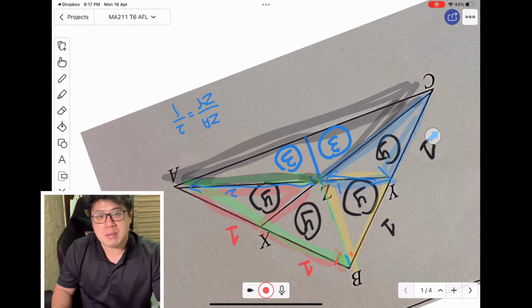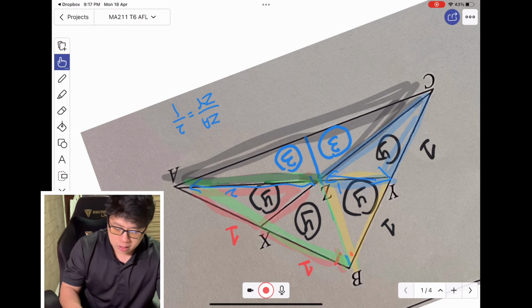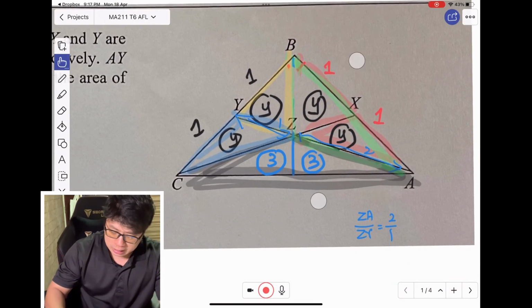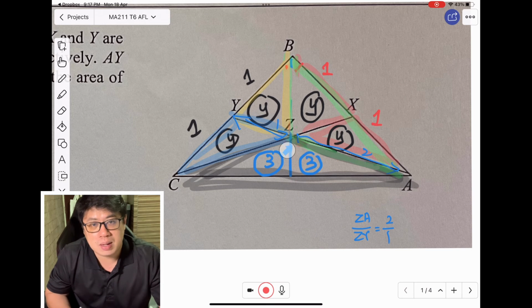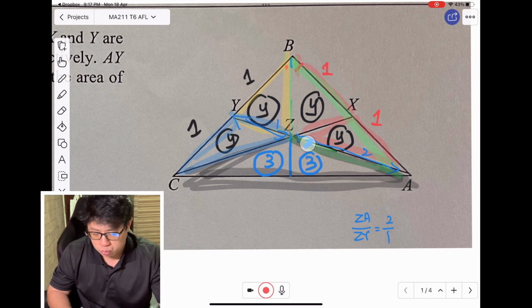They also have the same height. So this is 2 units and 1 unit. What does it tell you here? If 2 units represent my 6 cm squared.